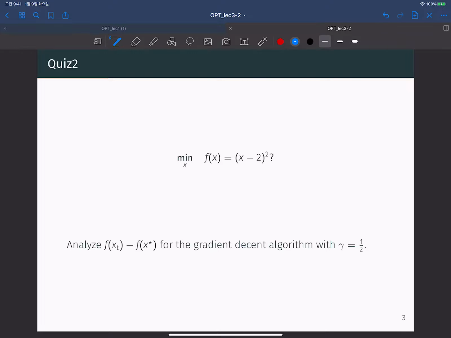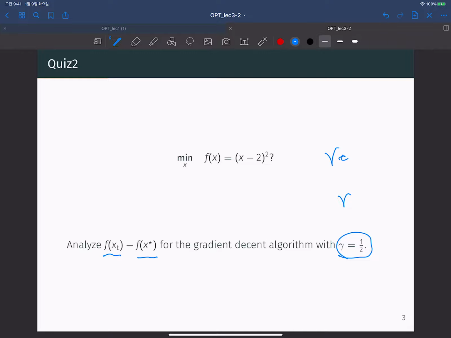Basically, we will find the answer to this question. When we have an objective function, we want to analyze f(x_t) - f(x*) for the gradient descent algorithm with a constant step size like 1/2 or some other step size gamma, or a time-dependent step size gamma_t.